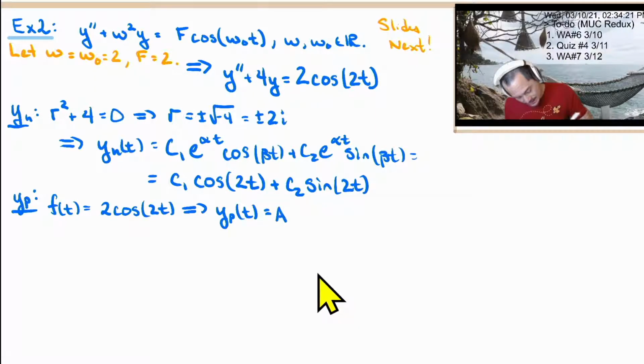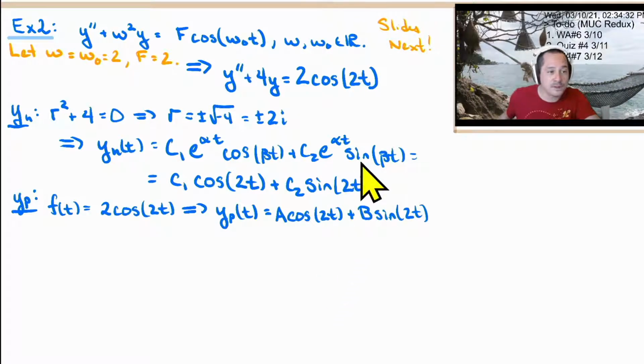Yep. I see an A cosine 2t plus B sine 2t. And that's coming from first order saying if you see a sine or a cosine of a specific frequency, then you write down particular solutions as cosine and sine pairs. A question that comes up here is, does it matter whether you put the A on the sine or the B on the cosine? Doesn't matter at all.